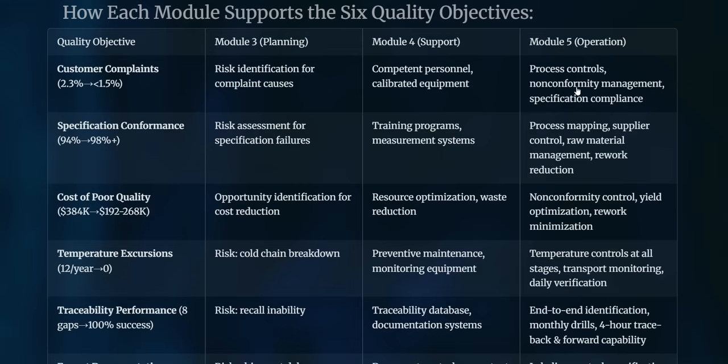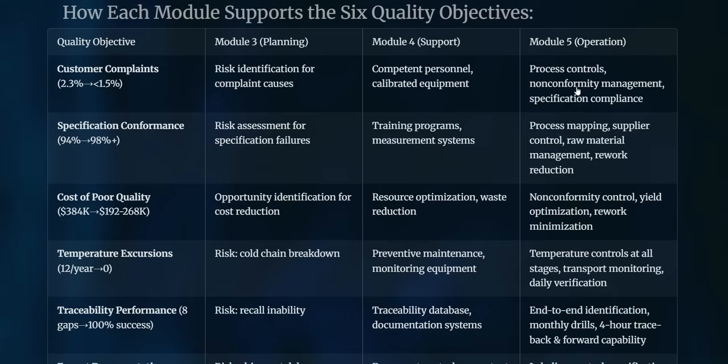The fourth objective, our quality objective, is temperature excursions. Our organization currently has 12 excursions per year, and we are targeting zero excursions per year.